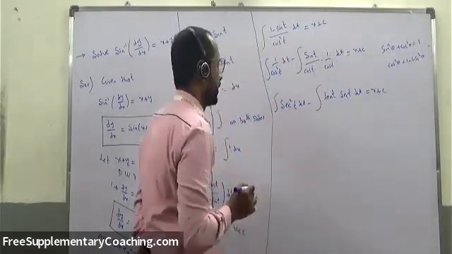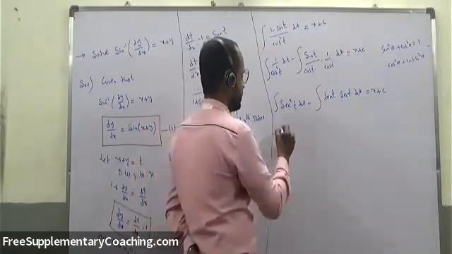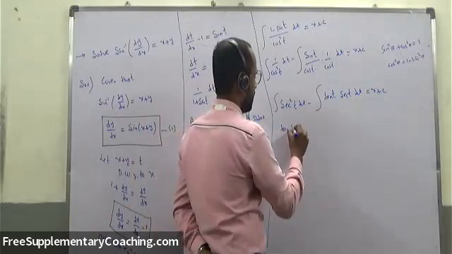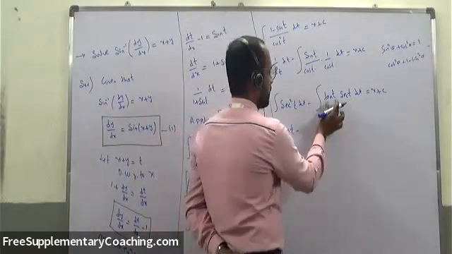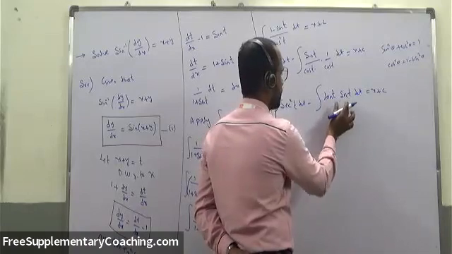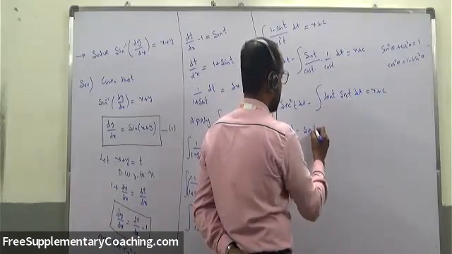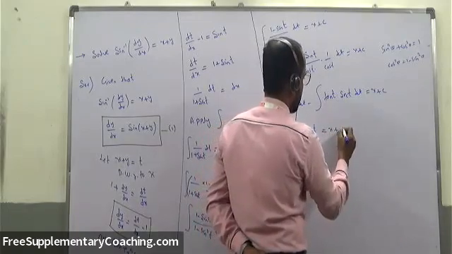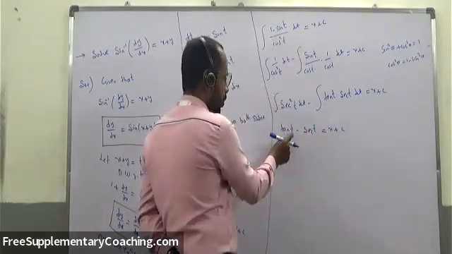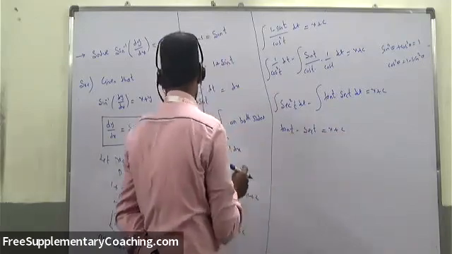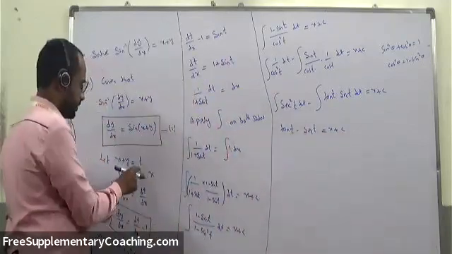Okay. So integration of secant square x is tan x, that is tan t, minus integration of secant x into tan x, or tan x into secant x is secant x, that is secant t, is equal to x plus c. So in the place of t, I can write x plus y here.